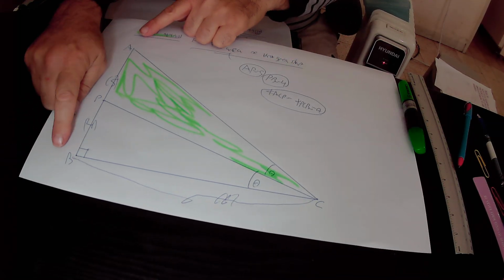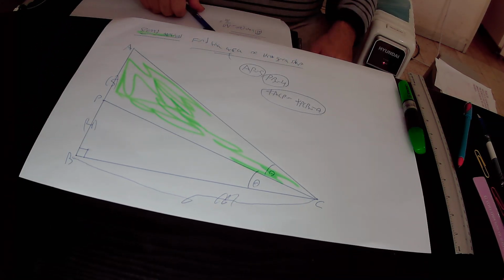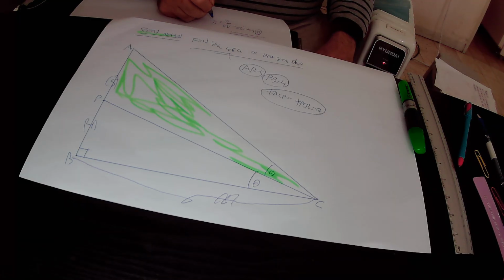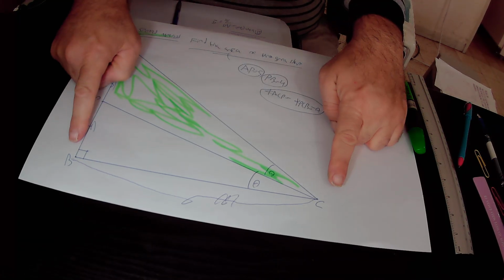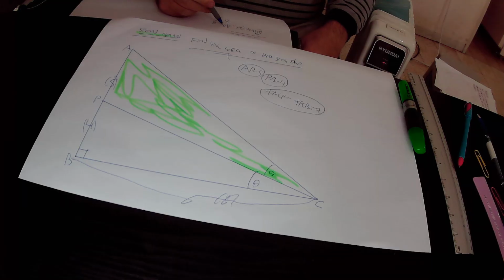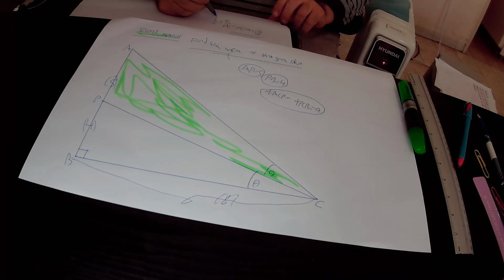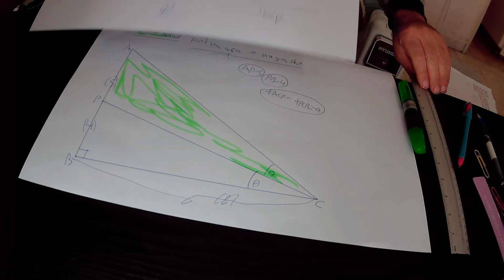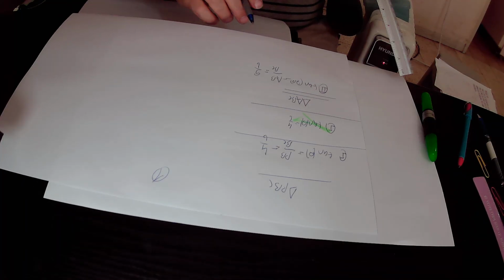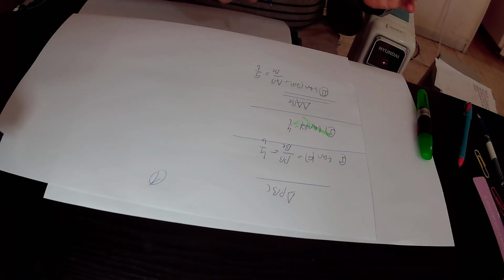AB equals 5 plus 4, that is 9, over BC. BC equals b. So in total, according to equation 2, tangent 2 theta equals 9 over b.